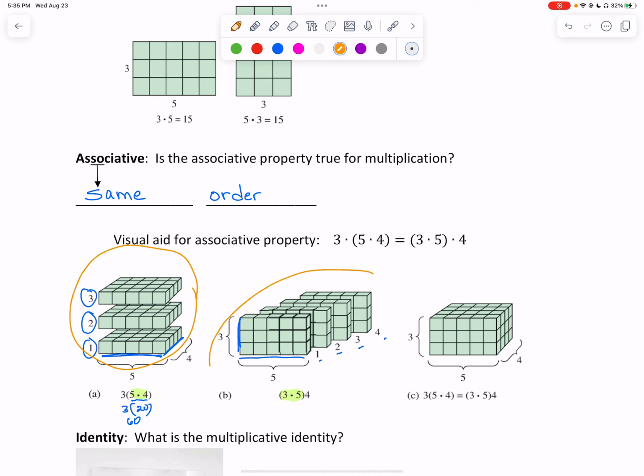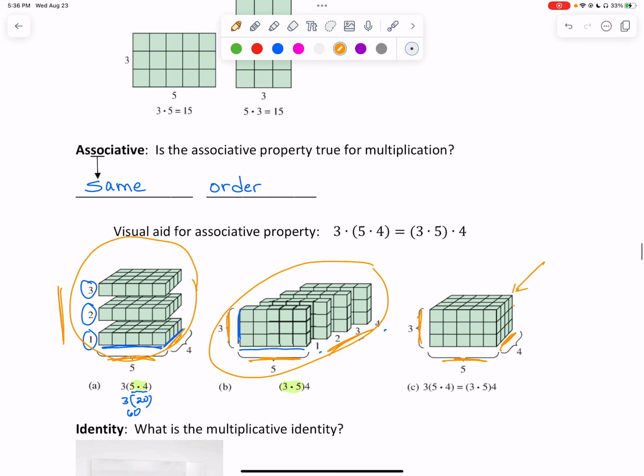And I put all these guys together and squish them together, I'm going to get the same block. 3 on this side, 3 on this side, 3 on this side. 5 on the bottom, 5 on the bottom, 5 on the bottom. 4 this way, 4 that way, 4 that way. Okay, so that shows that the associative property works for multiplication.